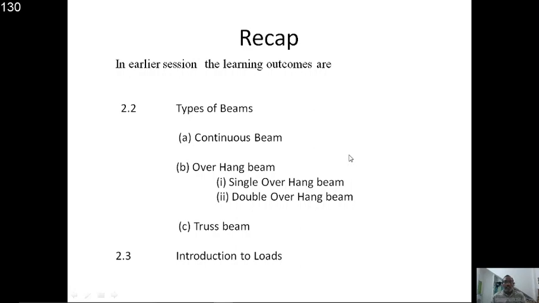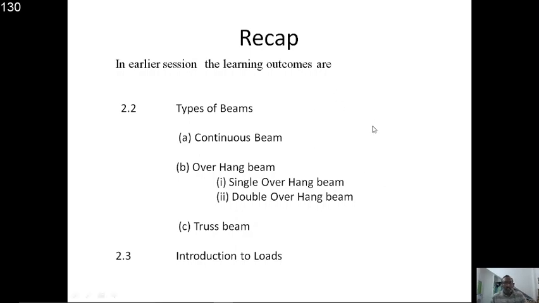In the earlier session, we have completed the different types of beams and the practical situations where their applications are seen. Among the types of beams, we saw the simply supported beam, roller beams, hinged and roller combination beams, hinged and simple support combination, the cantilever beam, the continuous beam, types of overhanging beams, and truss beam.